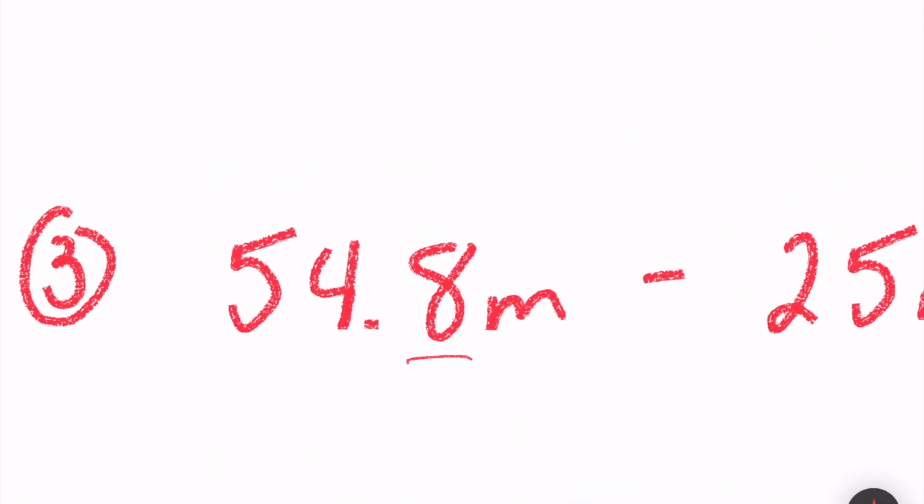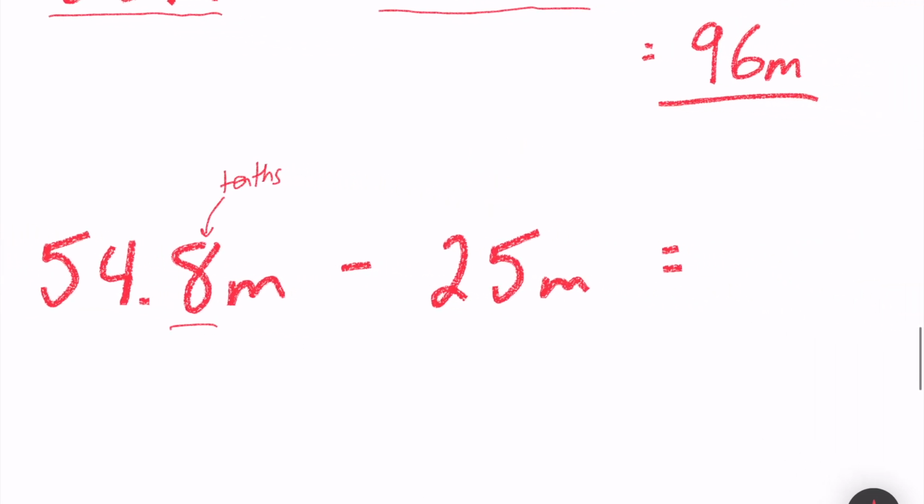For 54.8 meters, we are accurate to the tenths position. For 25 meters, we are accurate to the ones position. Ask yourself, what should we keep sigfigs to in our final answer? If you said the ones position, you would be correct.